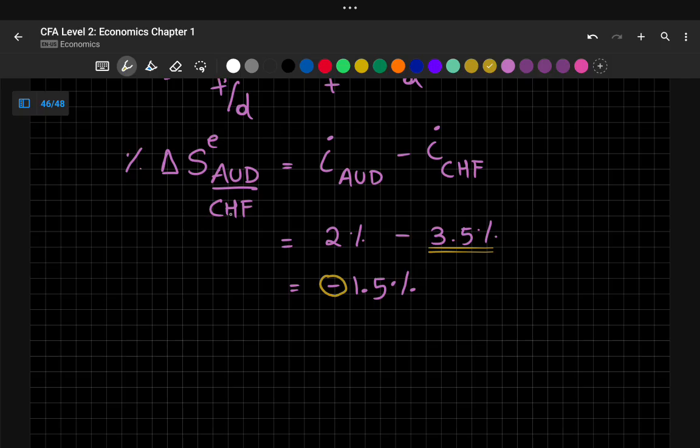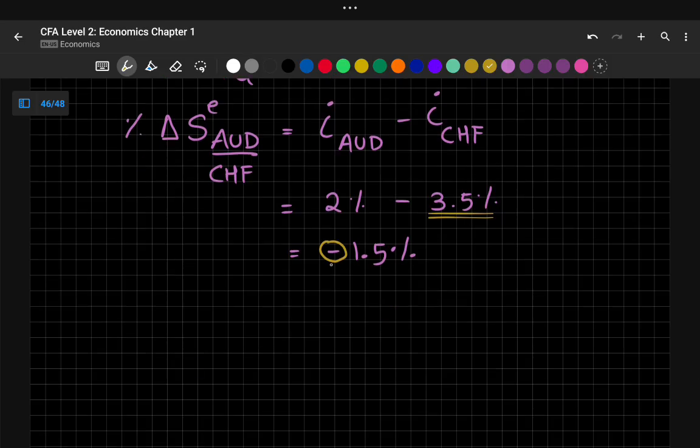It means that the change in spot exchange rate in that scenario, CHF is depreciating. Because CHF has a higher interest rate, over the time horizon, CHF would be depreciating. The spot exchange rate of CHF would be depreciating. That's why negative sign, minus 1.5%.